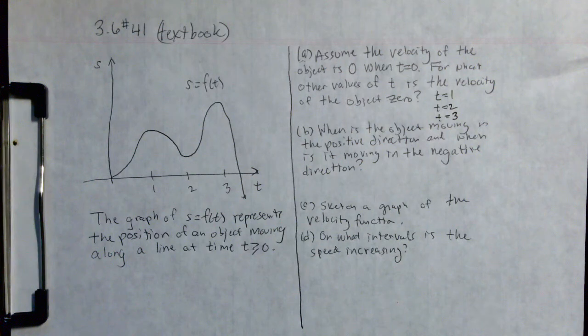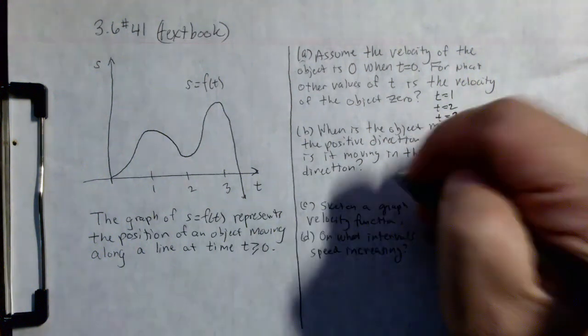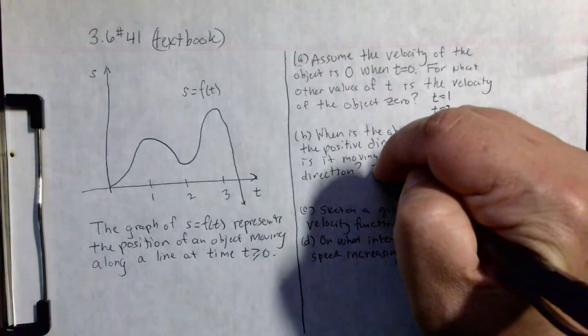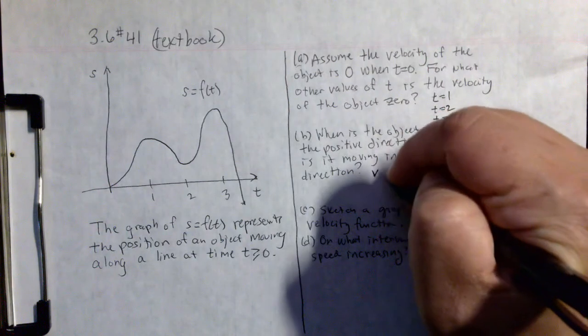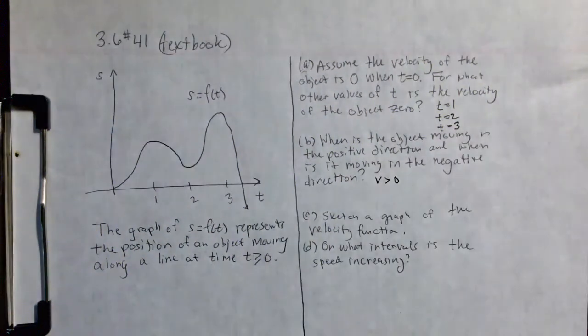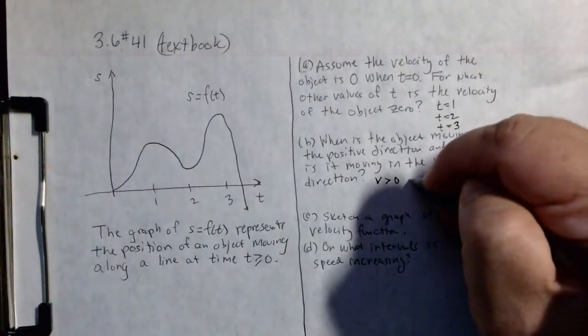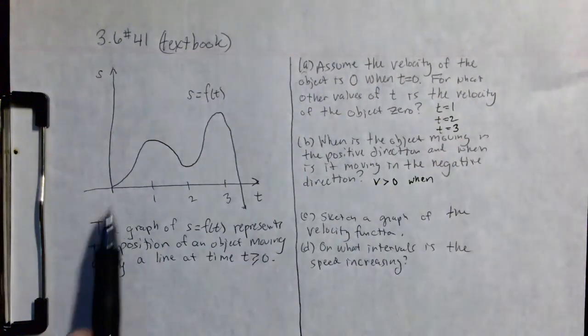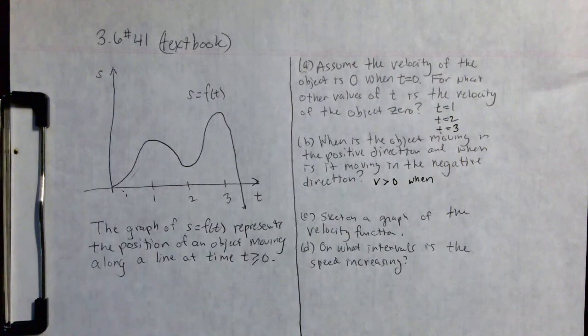And when is the velocity negative? So I'm going to say v is greater than 0. Okay, so velocity is greater than 0 when the graph is rising.